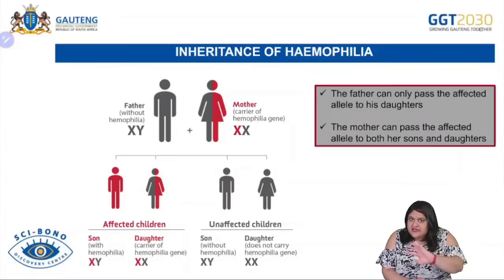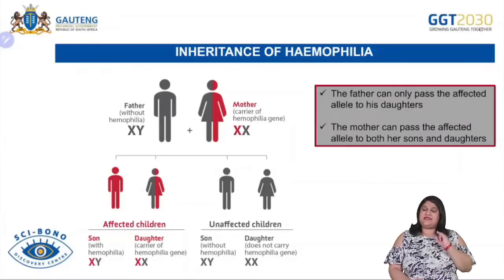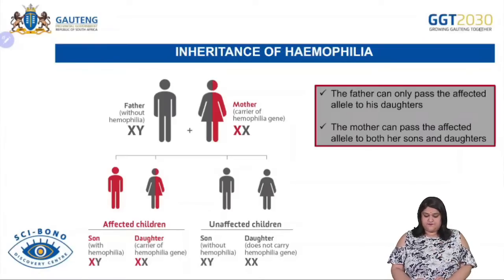Not all genetic crosses are sex-linked. Unless it is hemophilia and color blindness, where you need to know that it's sex-linked, they will give you an indication in the question that they are looking at sex-linked.